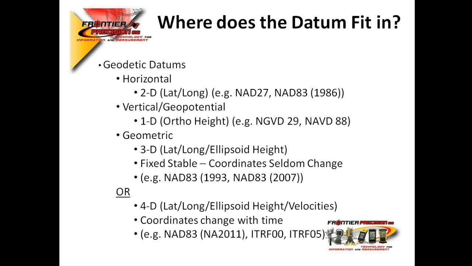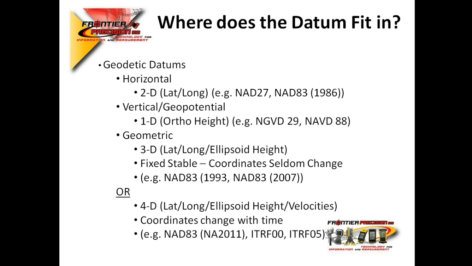So if you look at it over time, you've noticed that our datums have really evolved from 2D and say 1D geodetic datums like NAD83 86 adjustment or like NAVD88, to geometric 3D and even 4D type of datums that exist today.